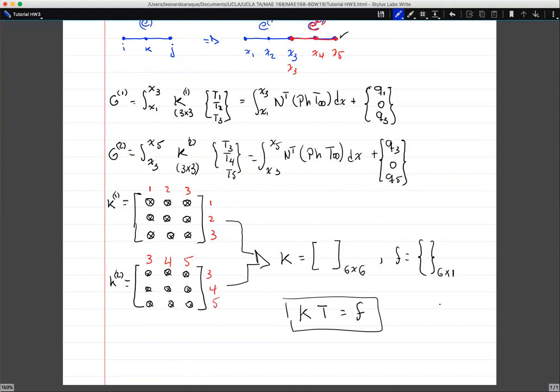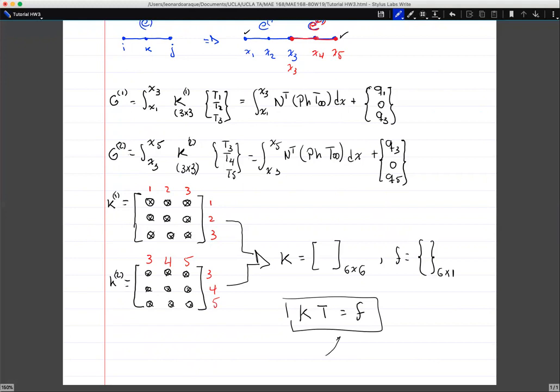And we have an essential boundary condition at the node x1, right? In the position x1. So we need to go to the vector T and make the corresponding substitution. We impose that boundary condition in that vector in the corresponding location. All right? And then we proceed to solve this system of algebraic equations.